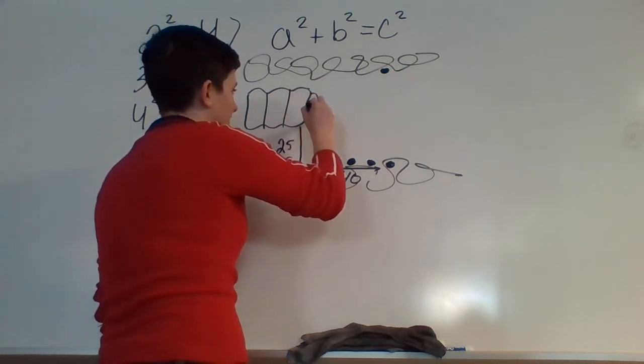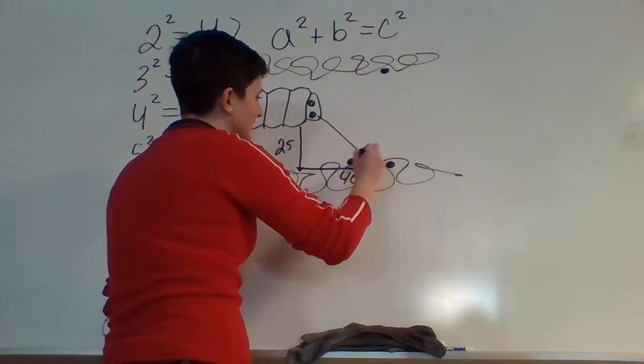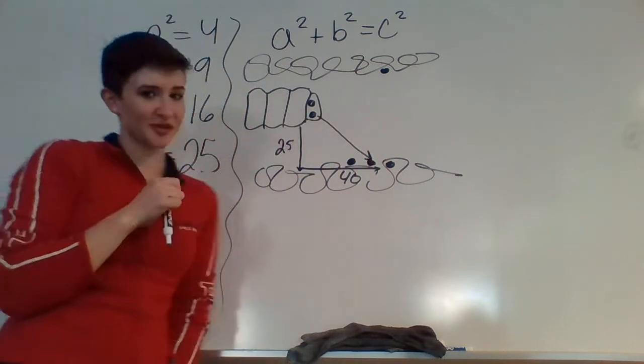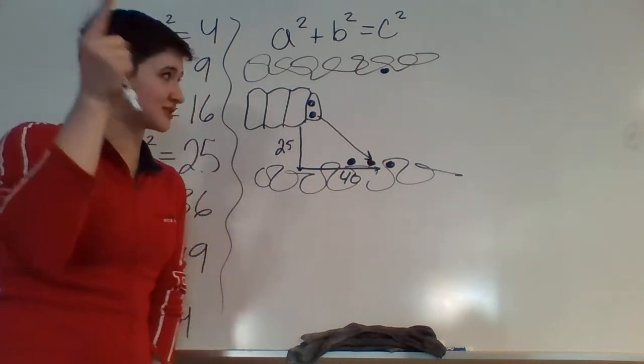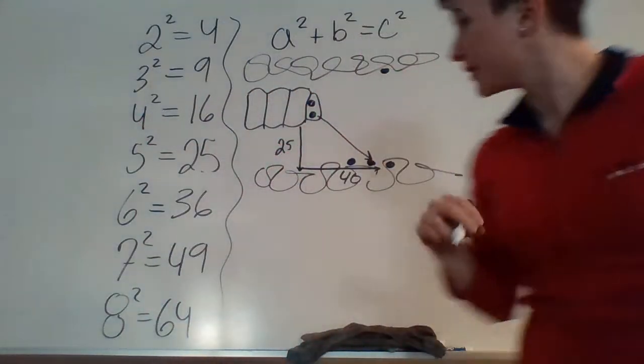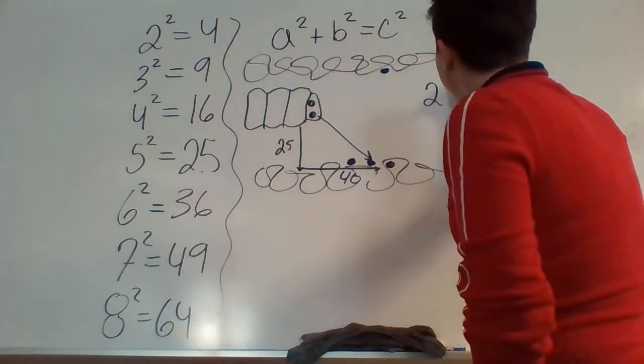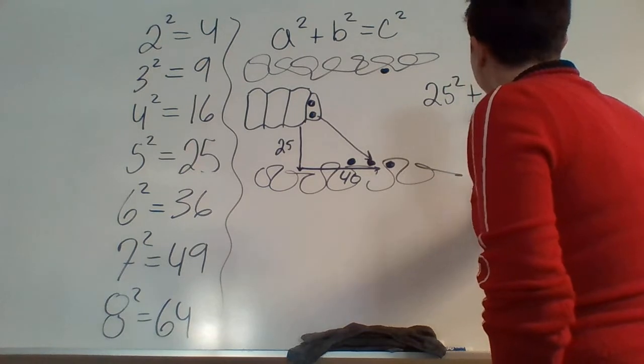And I went, oh, really? I had all this data from her already, so me being the smart person I am, took the Pythagorean theorem. I went, okay, 25 squared plus 40 squared is what?